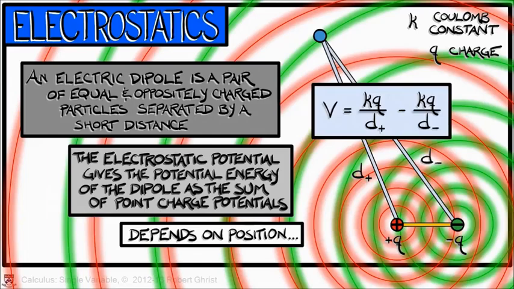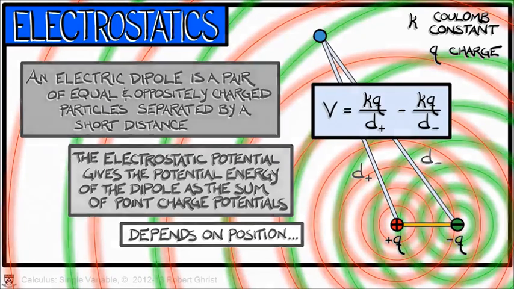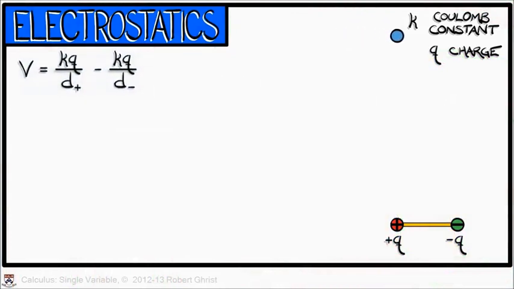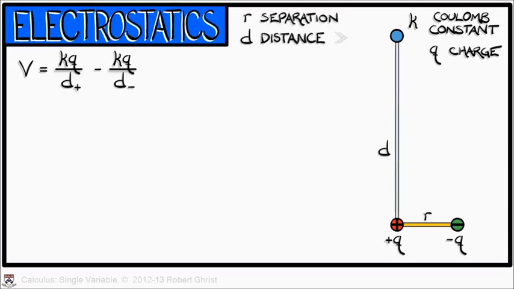All right, that's the physics that we need. Let's do some math. Let's compute what this electrostatic potential V is in the case where you are standing at a distance d away from the positive charge and where d is much greater than r, the separation distance between the two charges in your dipole. Now, I'm going to assume that we are orthogonal to the dipole.